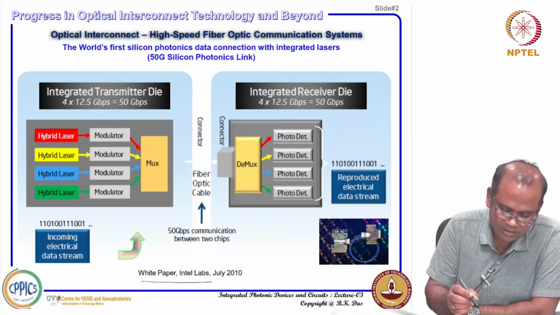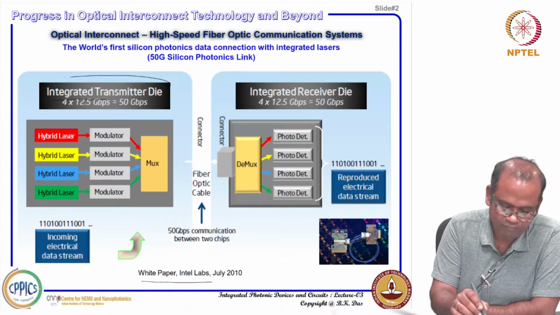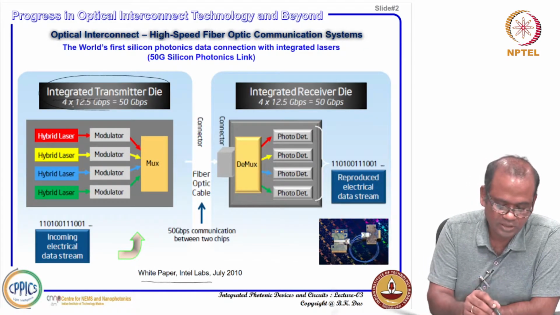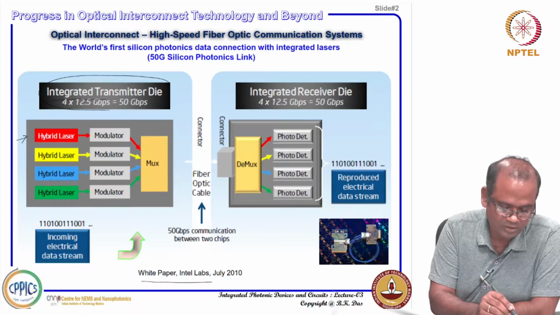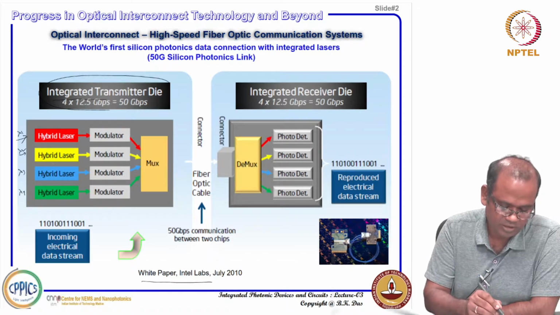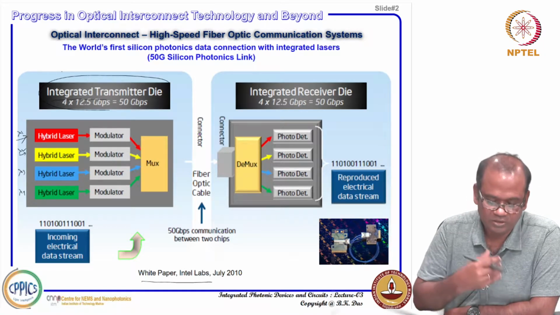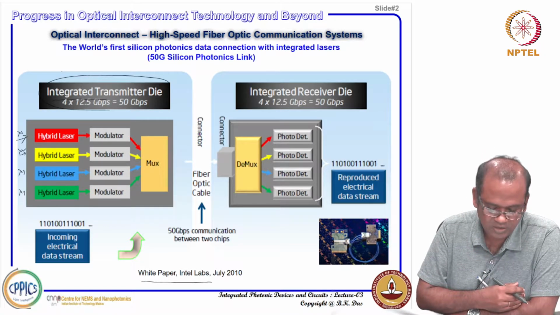So, here it is shown: the integrated transmitter die, which has 4 different lambdas, lambda 1, lambda 2, lambda 3, lambda 4. These colors are basically optical wavelengths, going from red to green to red, sufficiently spaced.